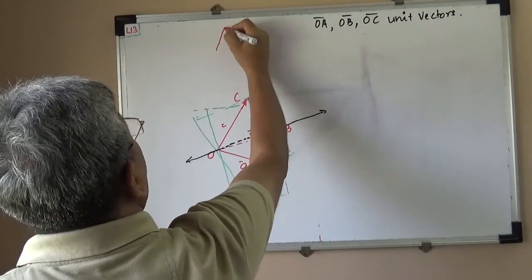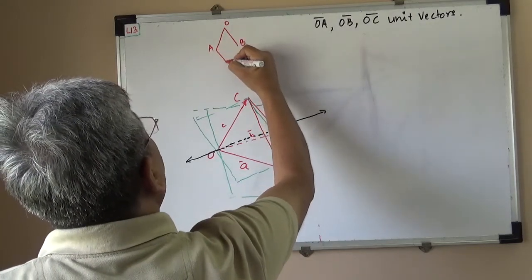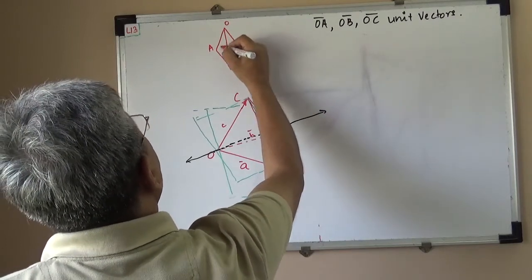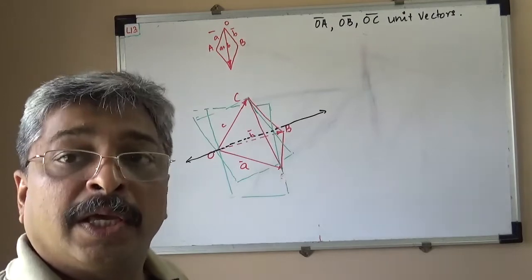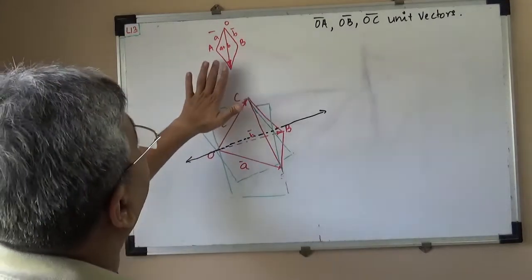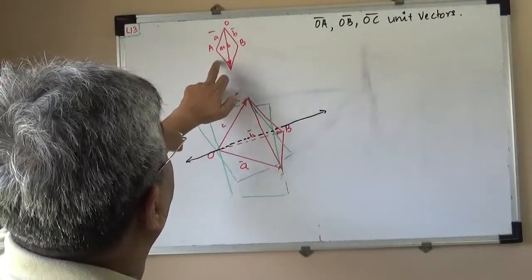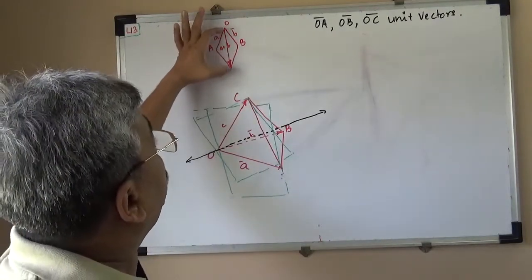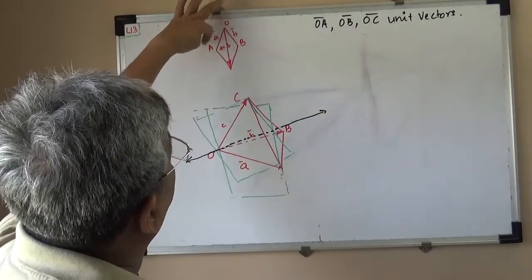Suppose this is OA and this is OB, then if I complete this rhombus, I get the vector which is A plus B. This is A, this is B. Vector A plus B, if it is a rhombus, is the angle bisecting vector. That is the advantage that I have here. Instead of getting into equations of angle bisecting planes, I am going to use this property of the rhombus here, that the vector A plus B is going to be the internal angle bisector of OA and OB.